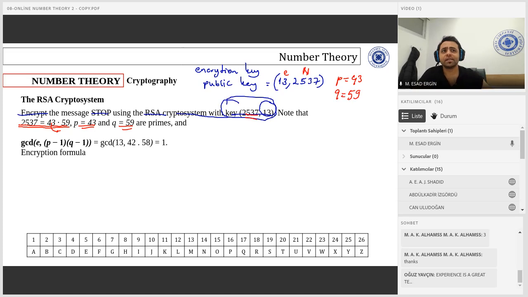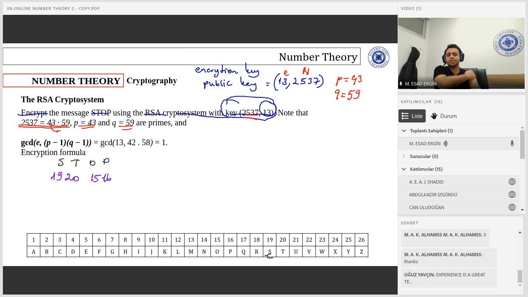So in this example, how RSA works is that at first it writes STOP as numbers, where S is 19, T is 20, O equals 15, and P equals 16.